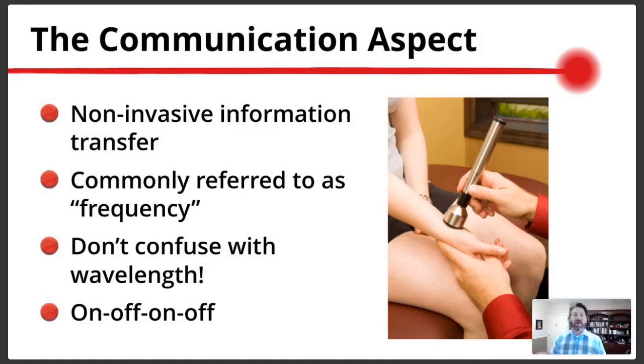But that wavelength, that could be a red light flashing on and off 10 times. That could be a green light. That could be a blue light. Wavelength has nothing to do with frequency. They're two different things. And some light therapy devices encode information in frequencies to have a better effect. Not only the biochemical effects of the light, but the communication effects of the frequencies. Both take place at once. It's kind of a 2-for-1, and that is part of how light therapy gains so much effectiveness.